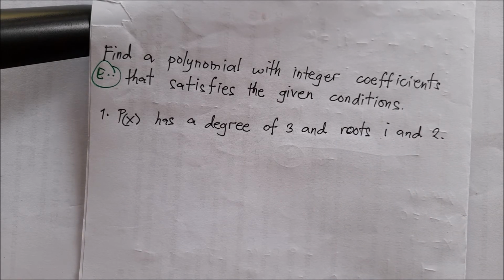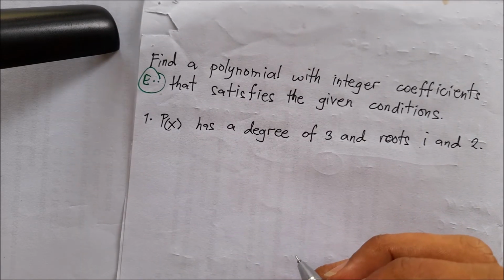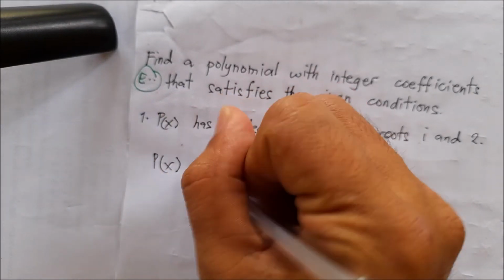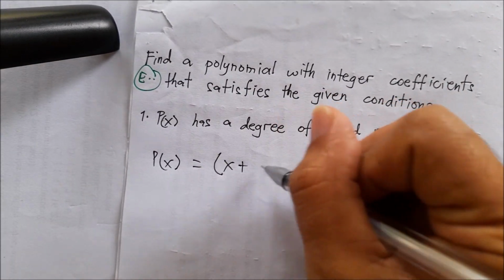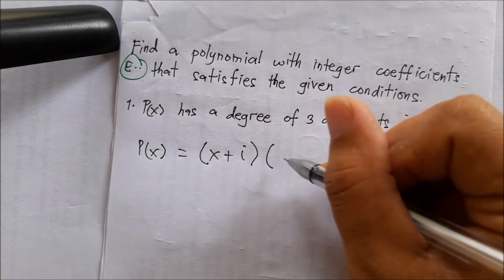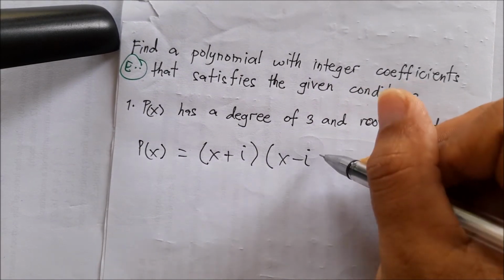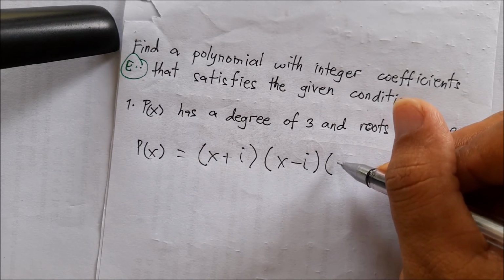We have the result of positive i and negative i. Now let P of x equal x plus i times x minus i times x plus 2.